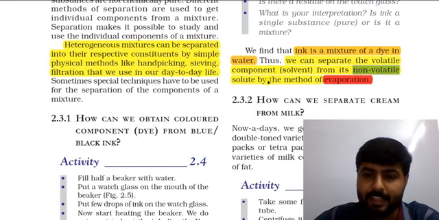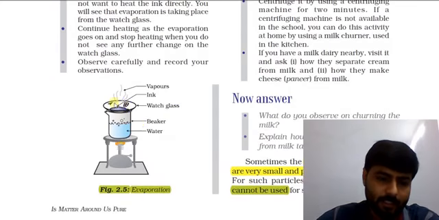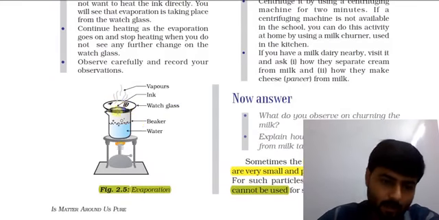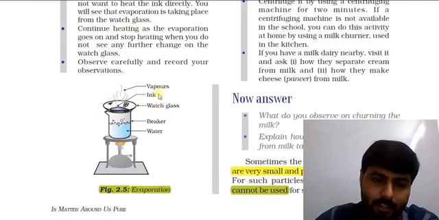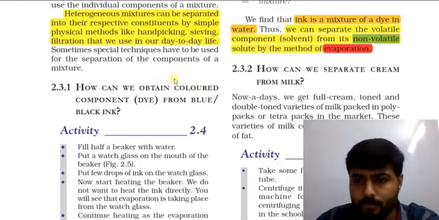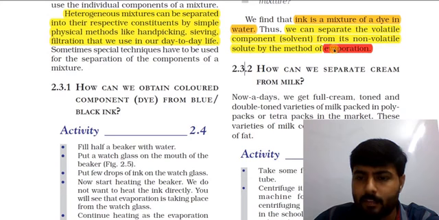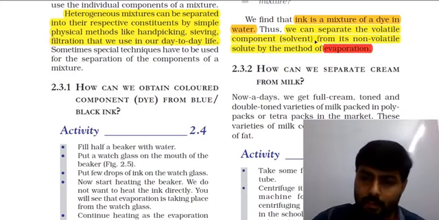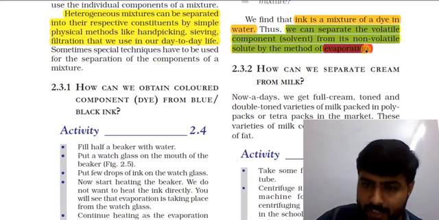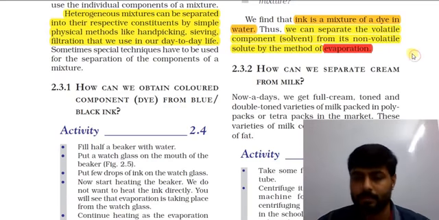So here the dye is non-volatile, because the dye remains in the watch glass while the water evaporates. We can separate the volatile component from its non-volatile solute by the method of evaporation.